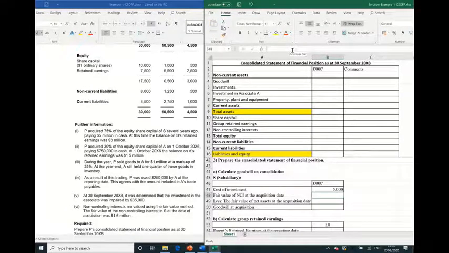Okay, so this is mainly the cost of investment, 5 million. And we need to look at the fair value of non-controlling interest at acquisition date. If we see here in item VI, non-controlling interests are valued using the fair value method, and the fair value of the non-controlling interest in S at the acquisition date was 1.6 million. So this is 1,600,000.